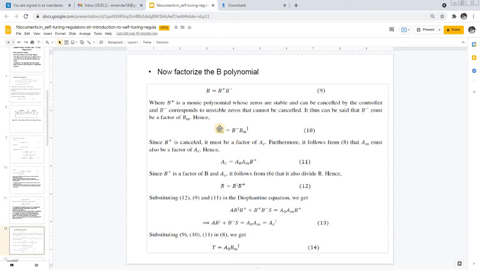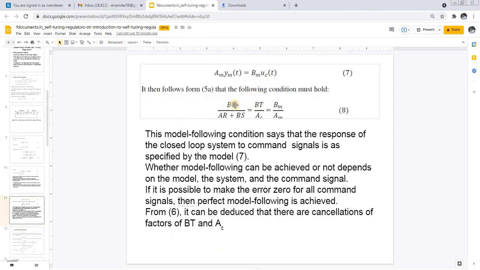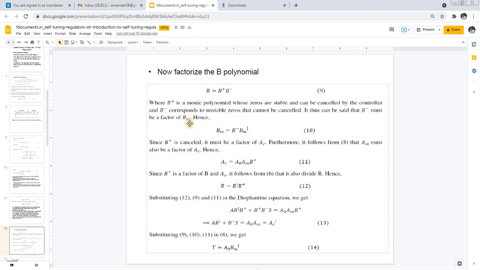So that we can write here, bm will be, as I said earlier, a factor of b minus, or vice versa. bm equals b minus and bm dash. This dash is a typing mistake, consider it as a bm dash or inverse.